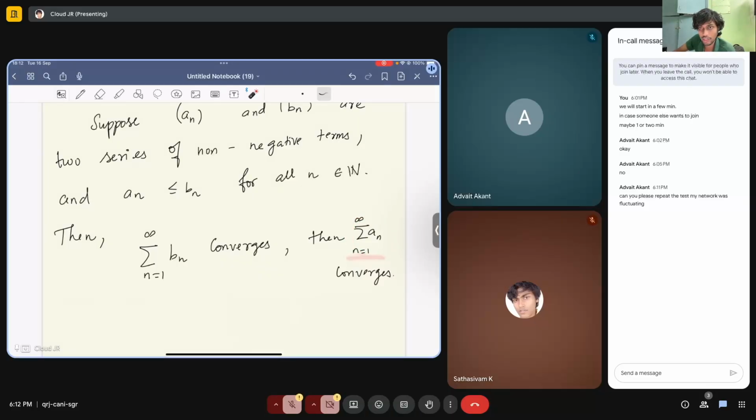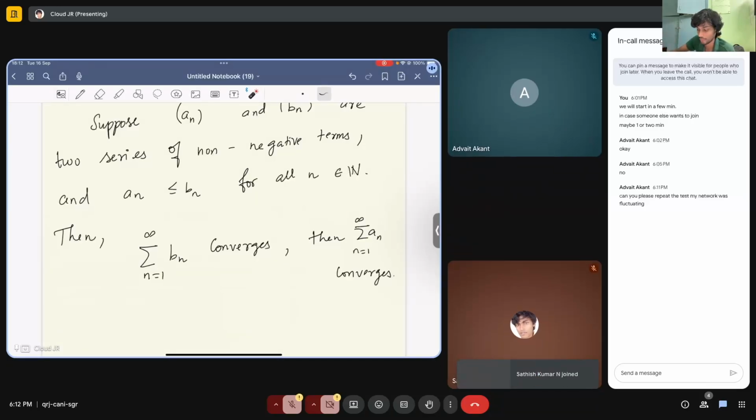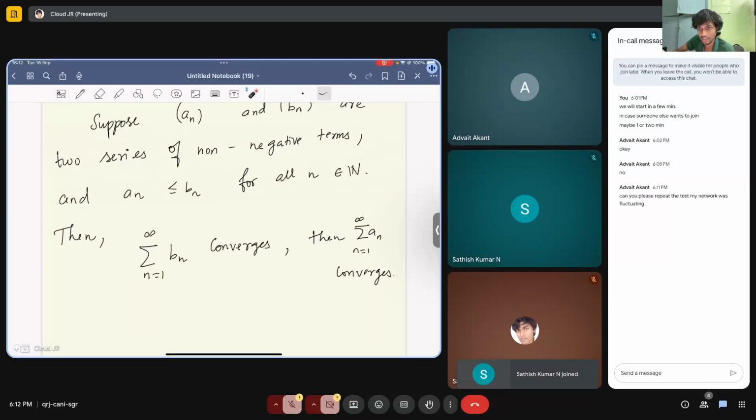The proof goes via the monotone convergence theorem. Since the terms are non-negative, the sequence of partial sums is monotone, and it is bounded by this number, so it converges.